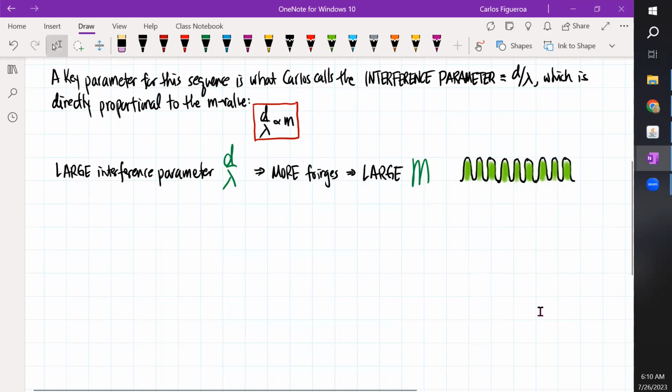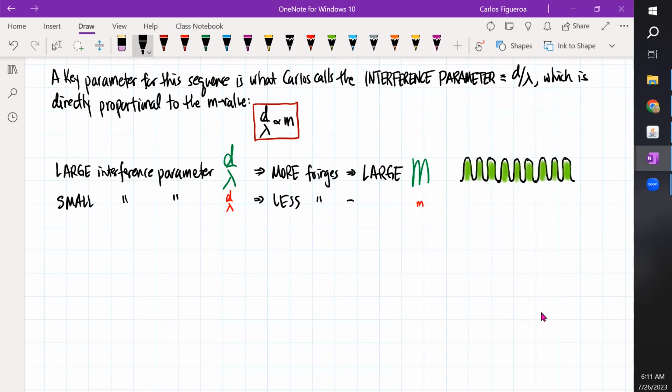Now, if I have a small interference parameter, in this case a small d over lambda, then I'm going to have fewer fringes, and therefore a small m value.